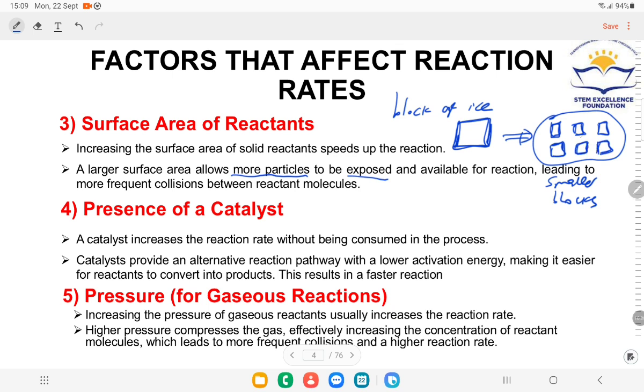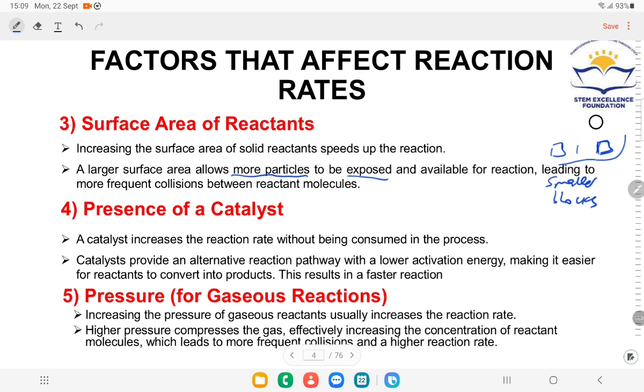More of this surface area will be exposed to, for example, the heat that's supposed to do the melting. Compared to here, it's only the particles on the surfaces that will be able to take part in the melting process. Perfect.